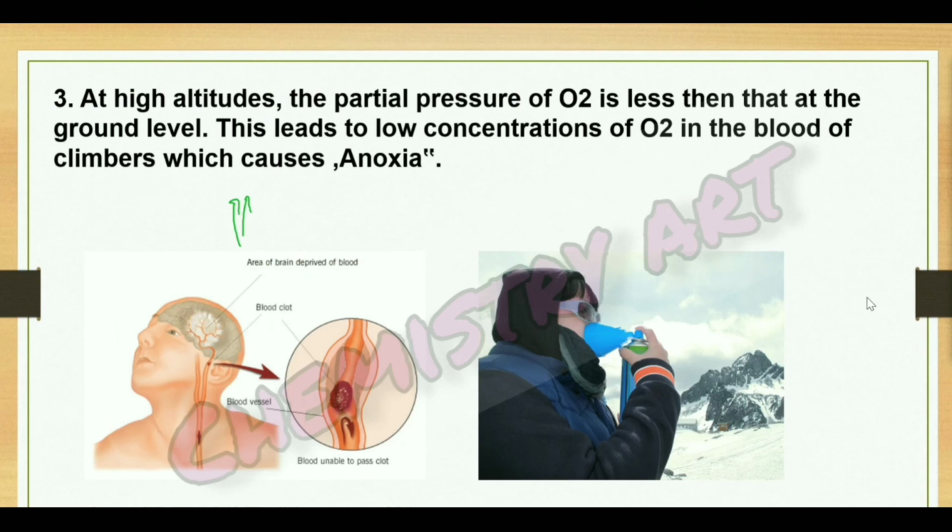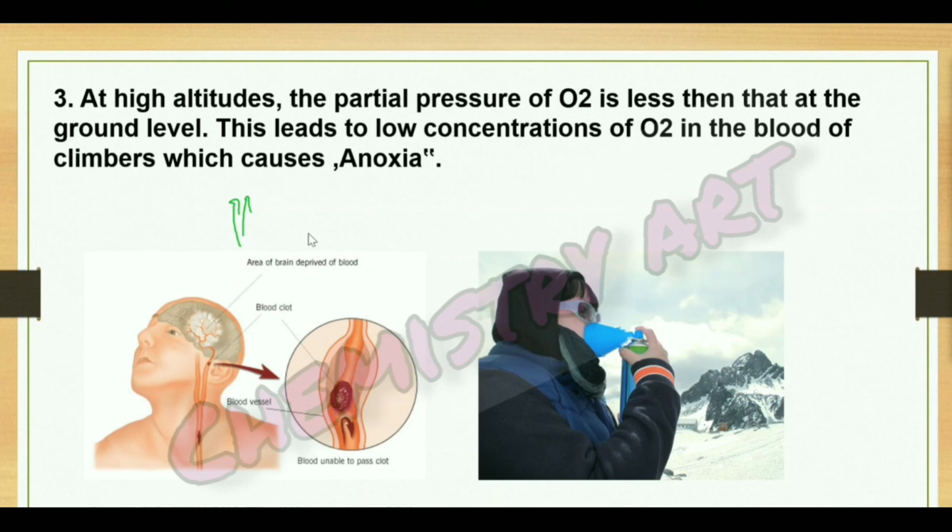And the third, very important: at high altitude the partial pressure of oxygen is less than at ground level. So this leads to a low concentration of oxygen in the blood of the climber, who acquires anoxia. Okay, your brain will not get enough oxygen.